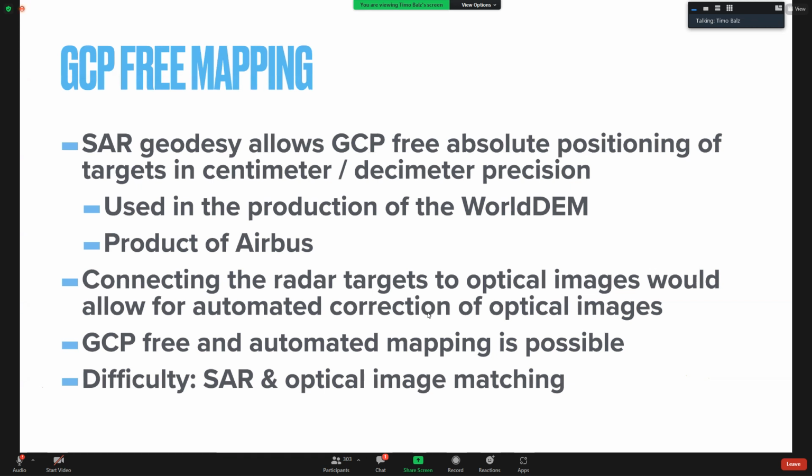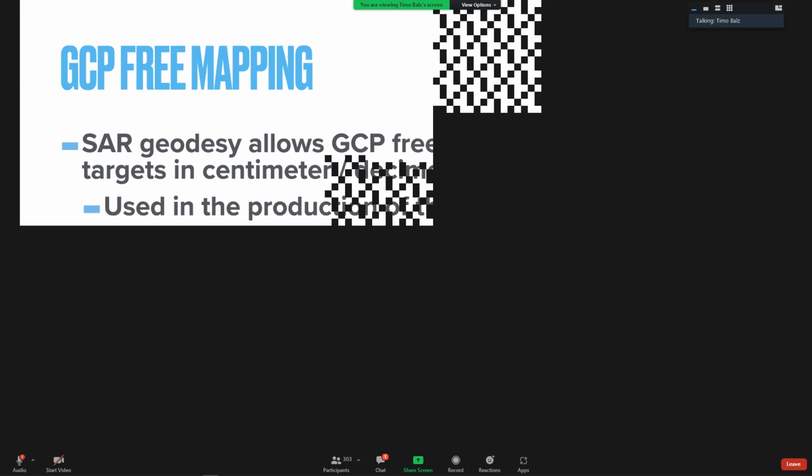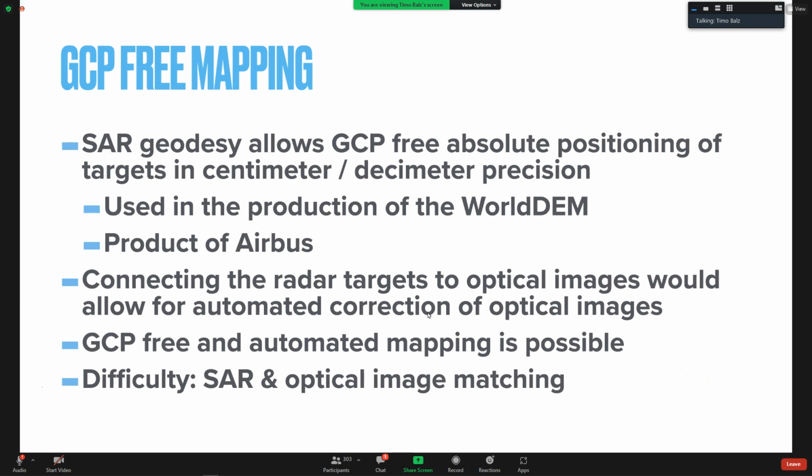What they need is updated map material, continuously updated map material in better than decimeter or around decimeter quality and accuracy. So they are very much interested in that to keep their maps automatically worldwide and up to date.